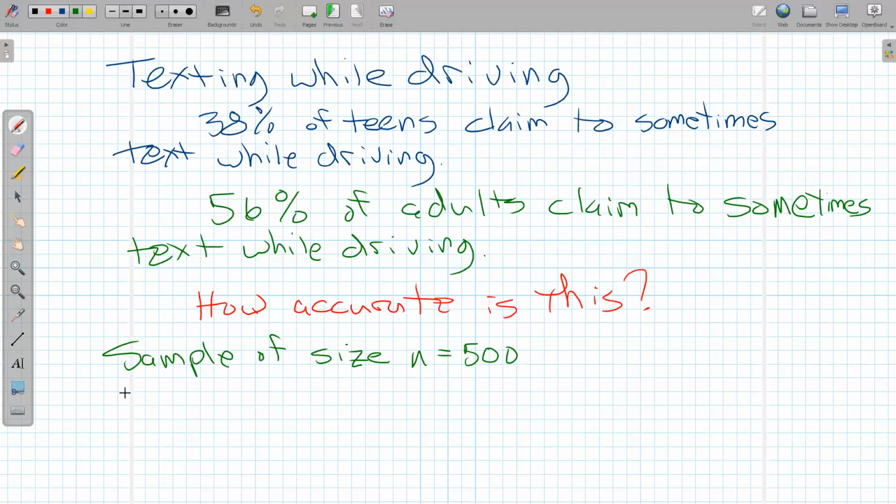My sample statistic here, and remember the word statistic is just anything we calculate based on data. So a mean is a sample statistic, a standard deviation is a sample statistic. This sample statistic is a proportion, and a sample proportion is usually p with a little hat on top of it. So that's p hat.